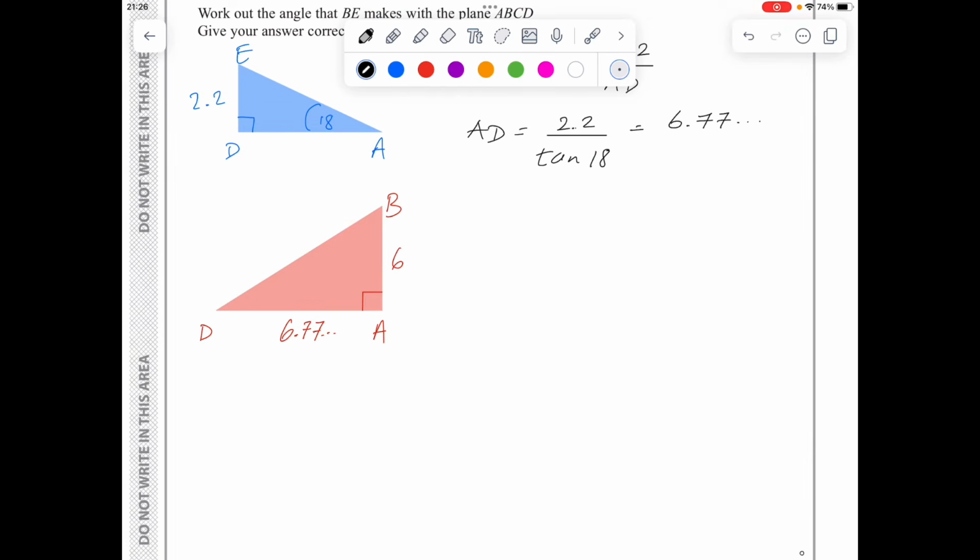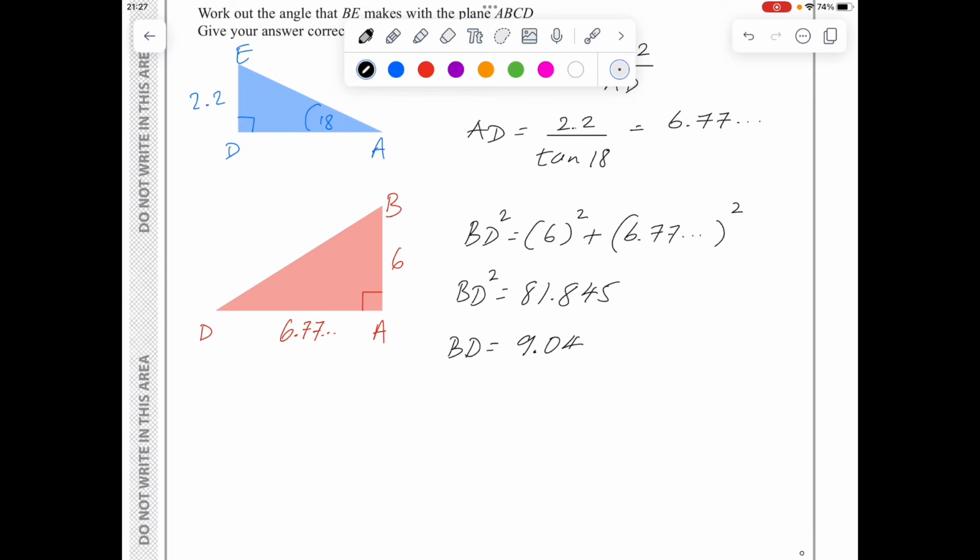So using Pythagoras theorem, BD squared is equal to 6 squared plus 6.77 and so on squared. BD squared is equal to 81.845. Take the square root, this becomes 9.046 and so on.